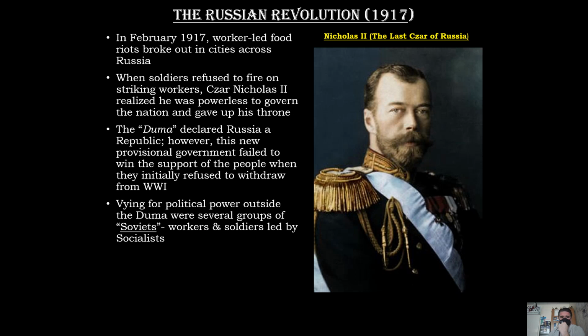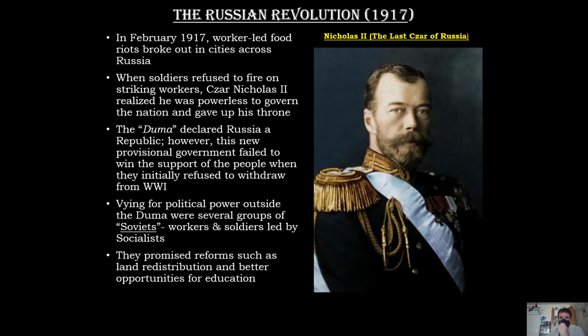Vying for political power outside the Duma were several groups of what were called Soviets, workers and soldiers led by socialists. These socialists promised reforms such as land redistribution and better opportunities for education.